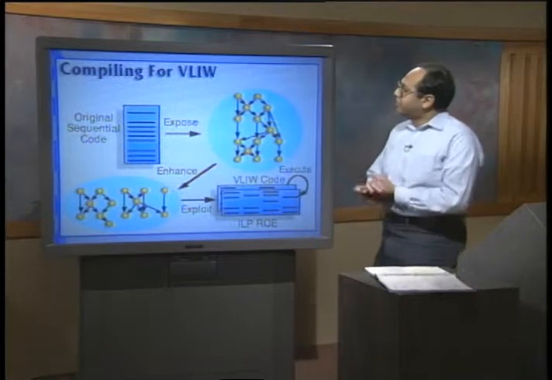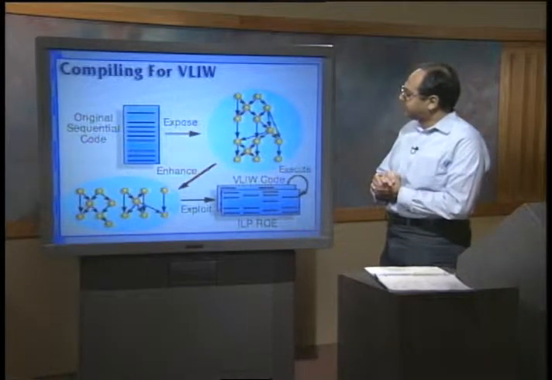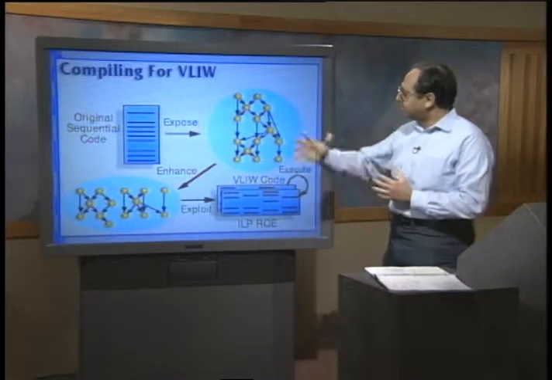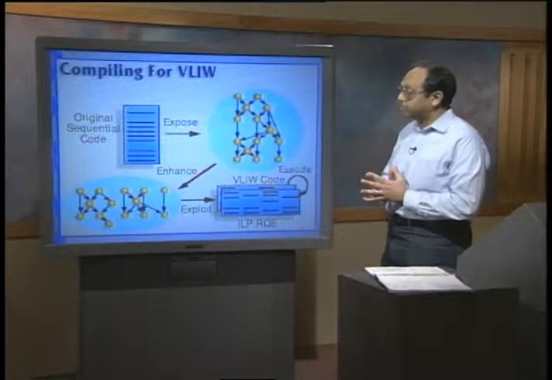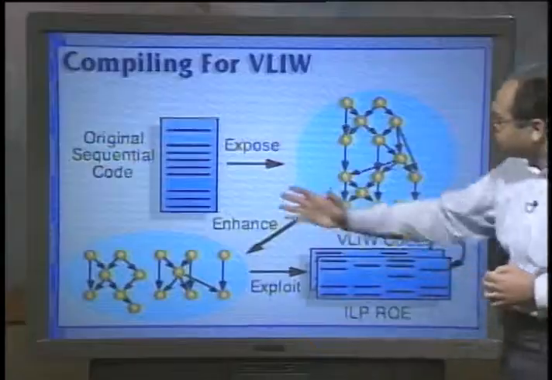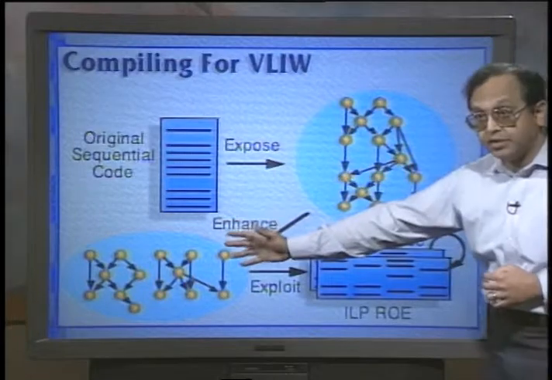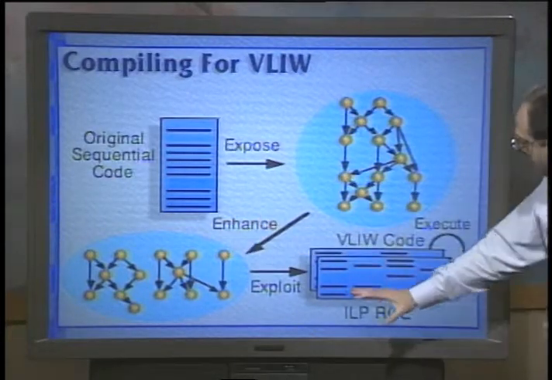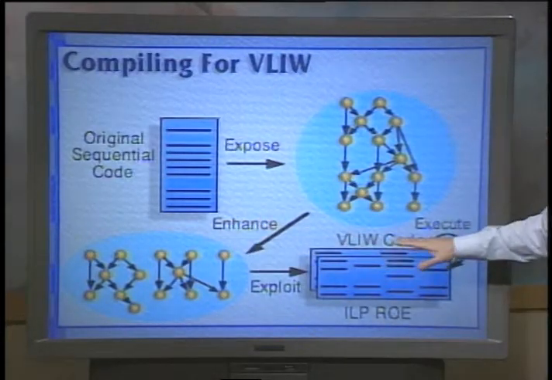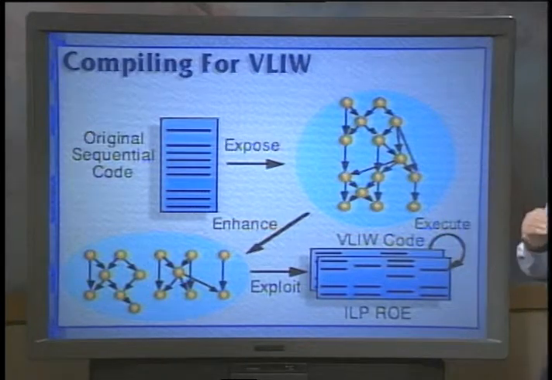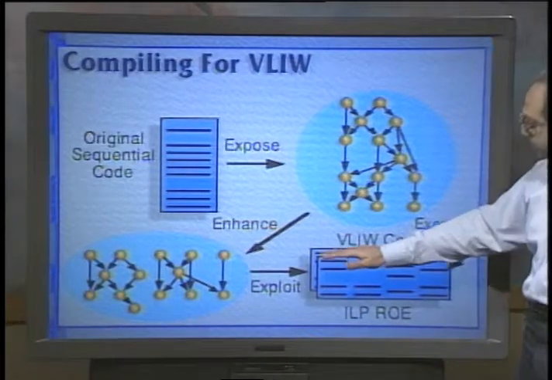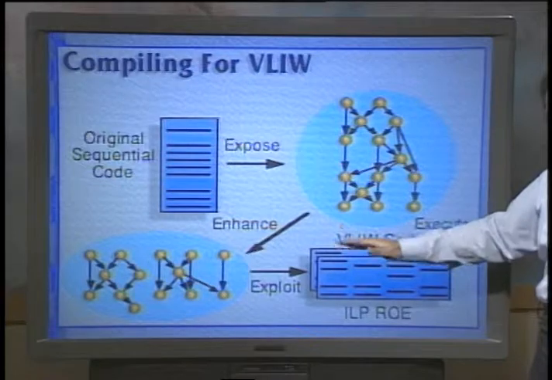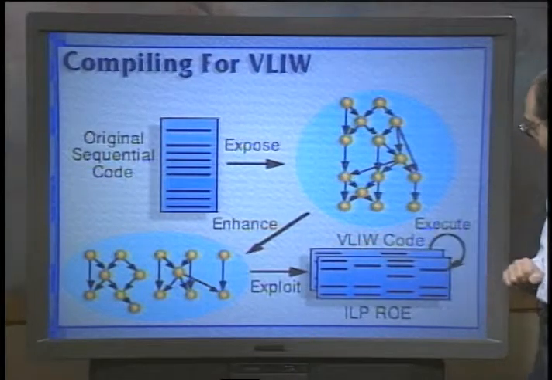Now, when compiling for ILP, as I said, the major burden of finding the ILP and exploiting it is on the compiler. So the compiler goes through these steps that are already described. And finally, it comes up with VLIW code, which is a very explicit plan of execution, which says precisely which operation should be executed on which functional unit and at what point in time.